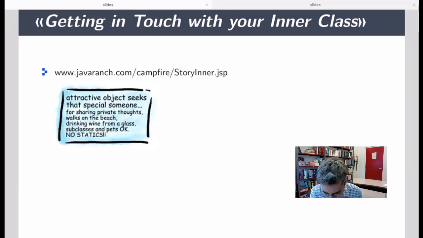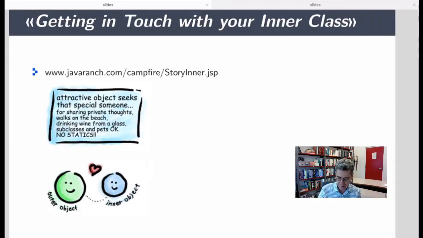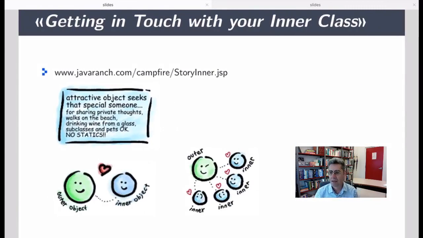Attractive object seeks that special someone for sharing private thoughts, walks on the beach, drinking wine from a glass, subclasses and pets are okay, no static. And then it goes to show that an object of an inner class will be automatically connected to an object of the outer class. And there can be as many objects of these inner classes as we want.